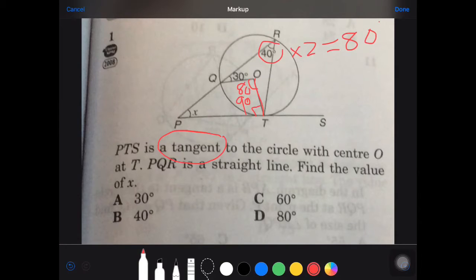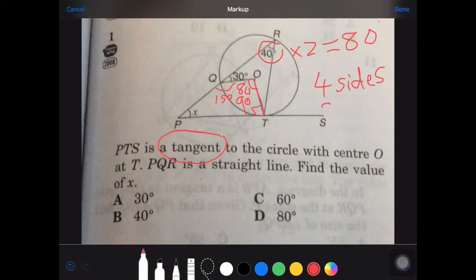Alright, in order to find the value of x, you have to use the polygon there. If you look at the shape, you have a four-sided polygon. If you remember, when you add all the angles in a four-sided polygon, what is the total angle inside? It's 4 minus 2, which is 2, times 180.